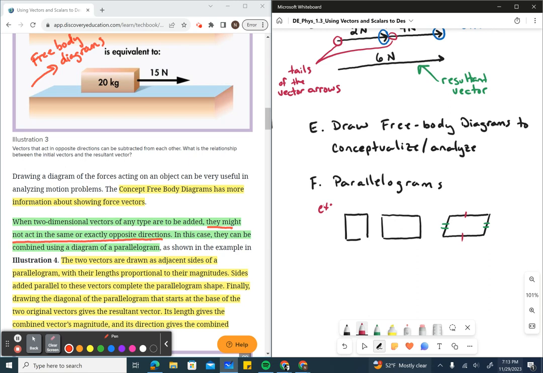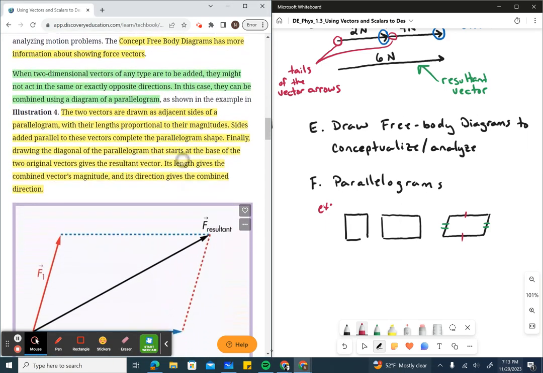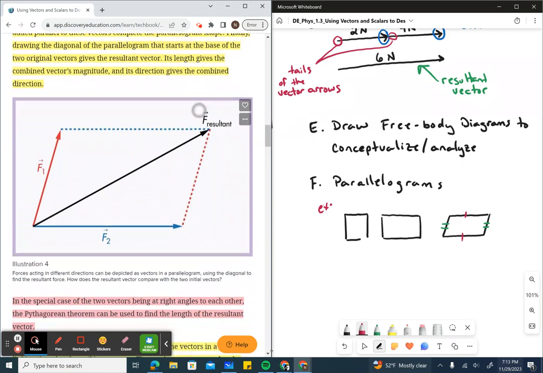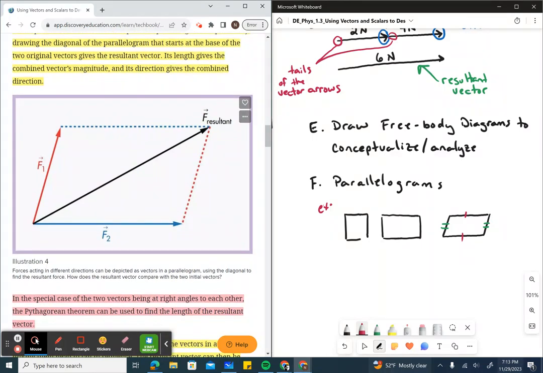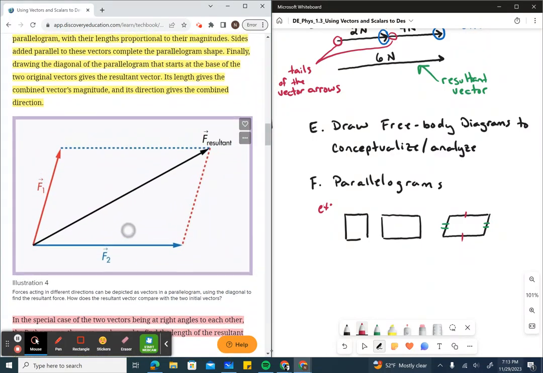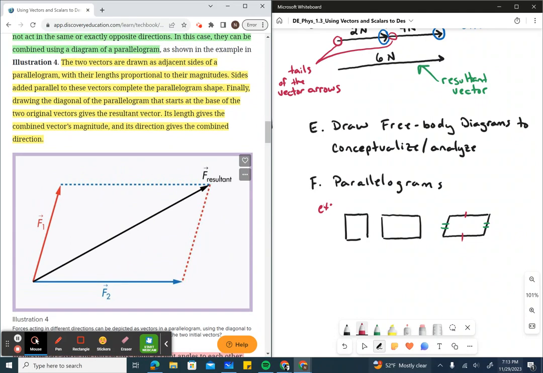Now, let's clear our screen over here and move on up. Illustration 4. It says the two vectors are drawn as adjacent sides of a parallelogram with their lengths proportional to their magnitudes.